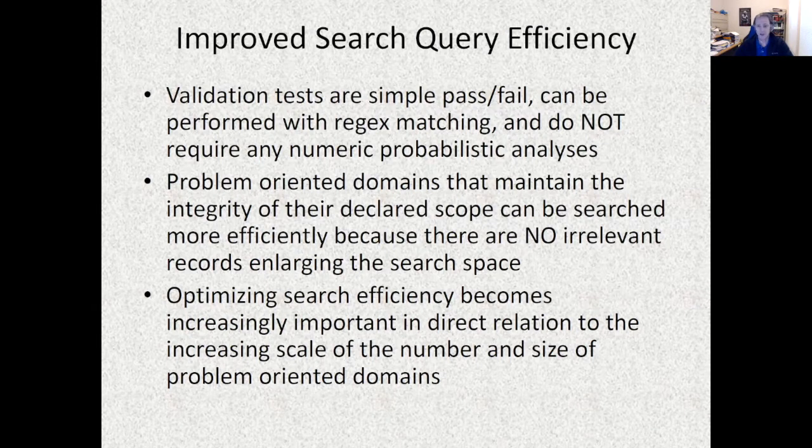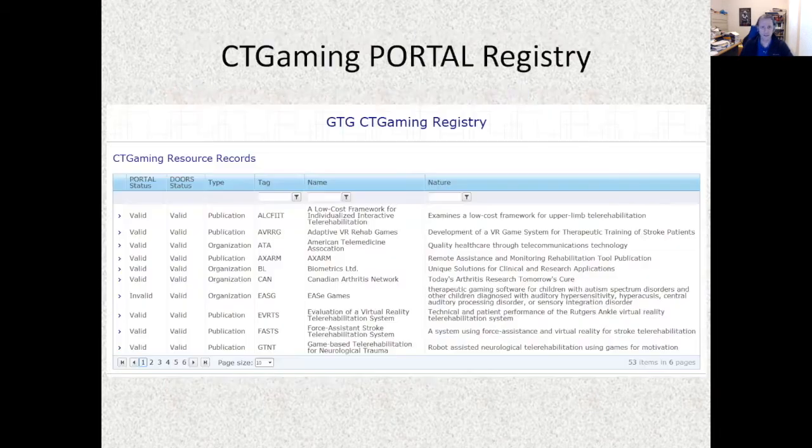But at the same time, we can focus our search in different ways at different times throughout the overall process, such that we ask: do we search within a given problem-oriented domain? Do we search a somewhat larger scope across related domains, or do we go completely globally across all domains?